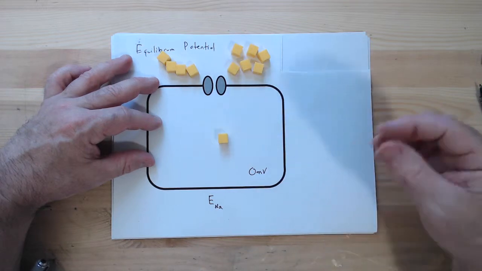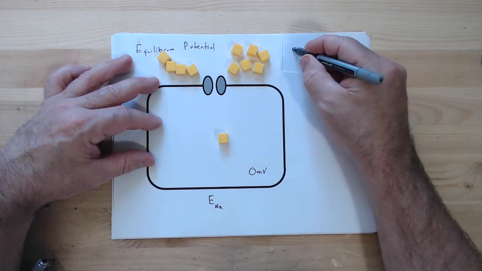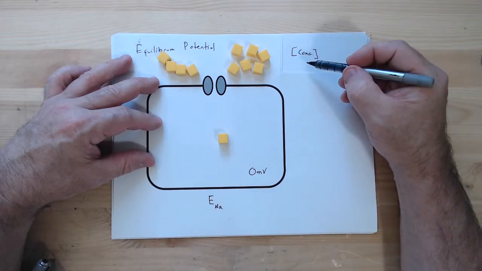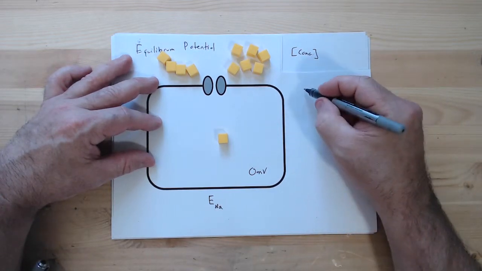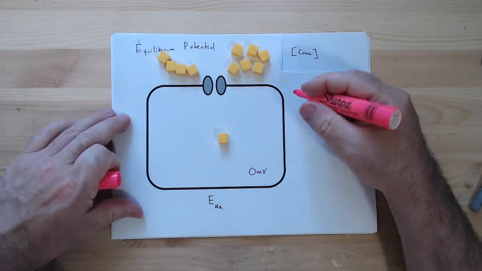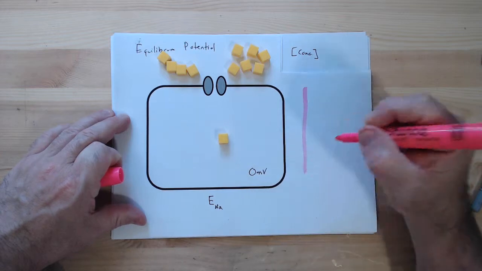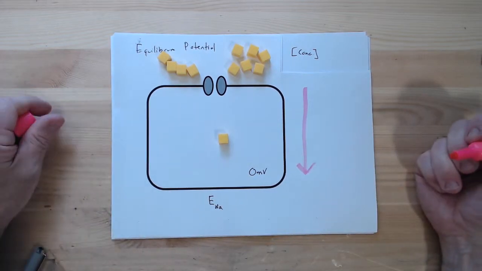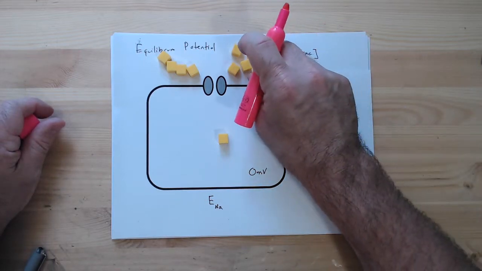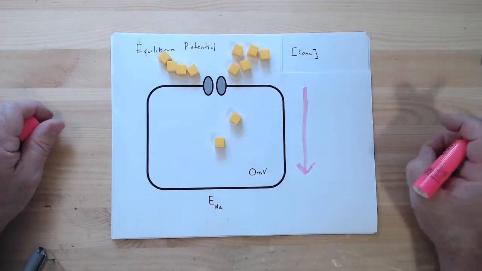That concentration difference produces a force that is based on that concentration difference. And it's a force that would tend to drive sodium into the cell. So I'm going to draw an arrow into the cell, and this is the force that would tend to drive sodium into the cell. Because of this force, we're going to move some sodium into the cell.